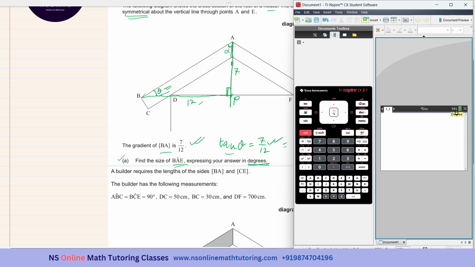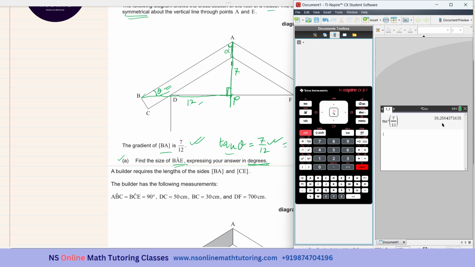The calculator should be set to degrees. You should be careful about this. It should not be in radians because they are asking us to give the answer in degrees. So, tan inverse of 7 over 12, enter. 30.2564.